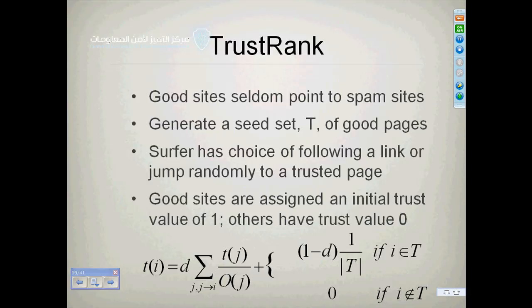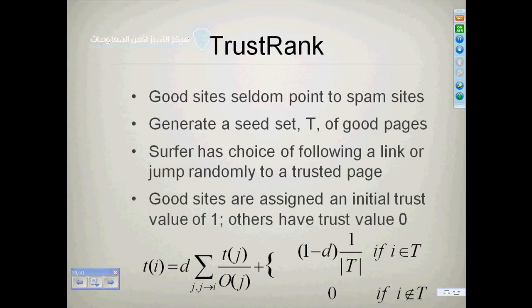And also, because it's very similar to page rank, when a particular trusted page points to other pages, it only shares a part of its trust with other pages. And so we similarly have this factor that says how much of this page's trust goes to that page. Okay?